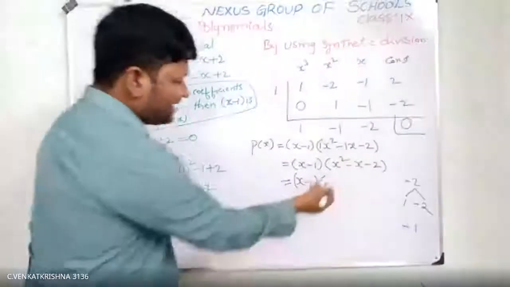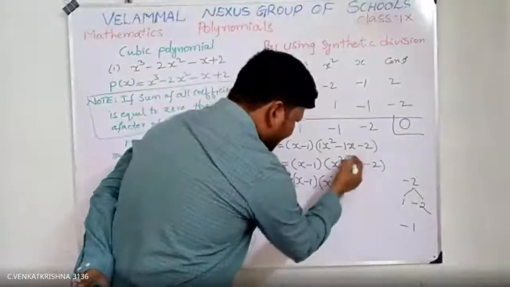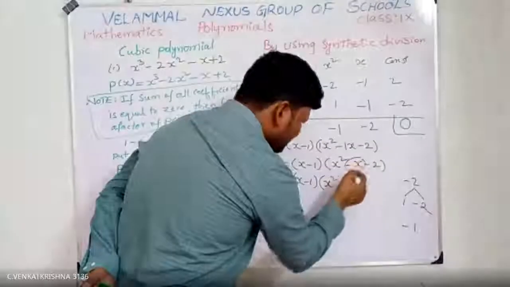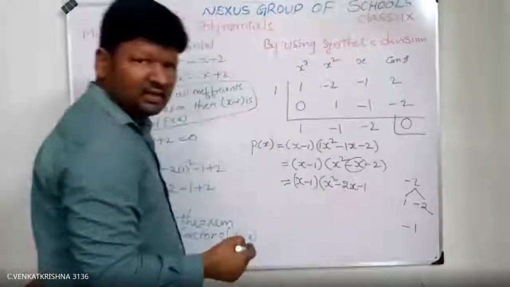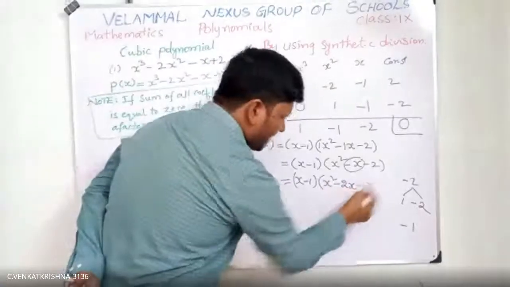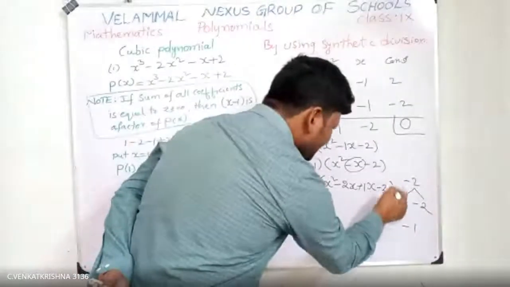So minus x can be split: x square minus 2x plus 1x minus 2. The constant is as it is.